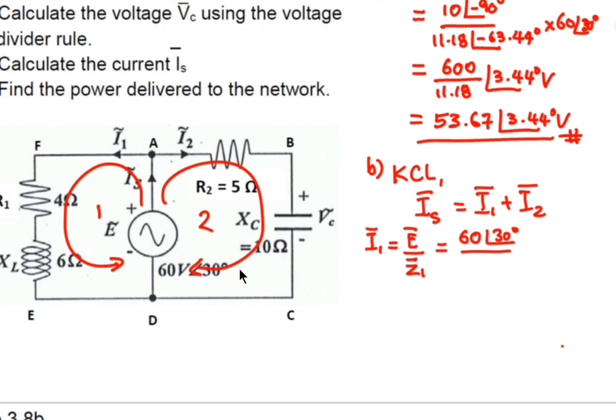So Z1 is 4 plus, because of this inductor, 4 plus J6.